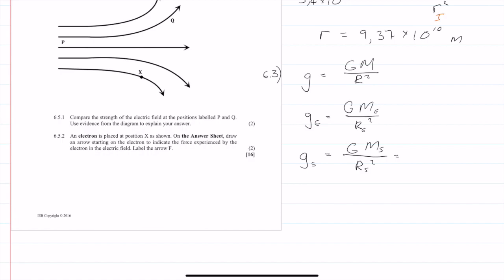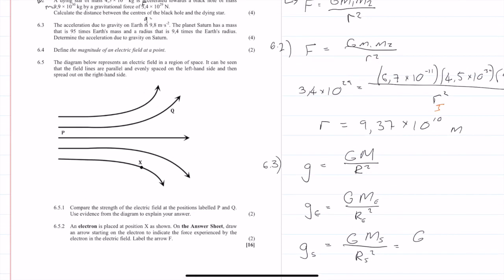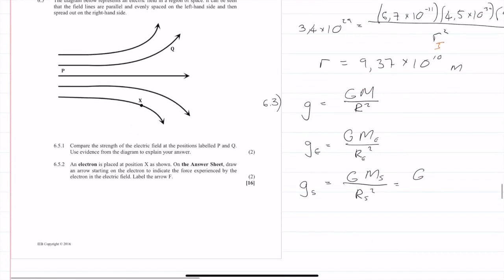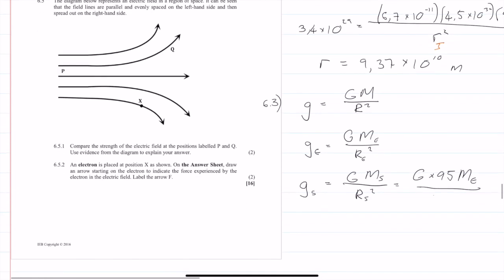And this is equal to the gravitational constant G, the mass of Saturn. The planet Saturn has a mass that is 95 times the mass of Earth, over the radius of Saturn, which is 9.4 times the radius of the Earth, squared.